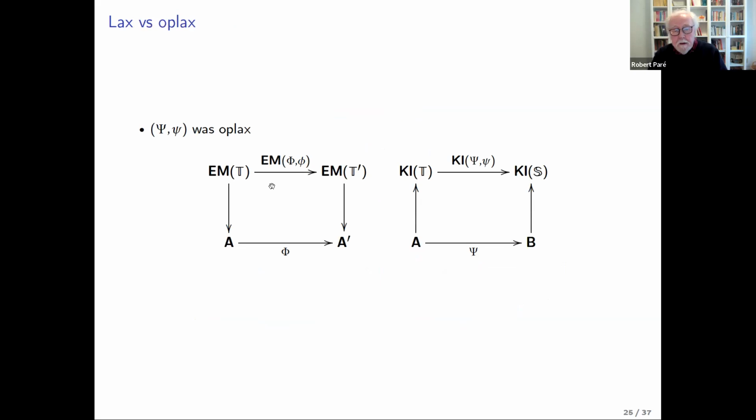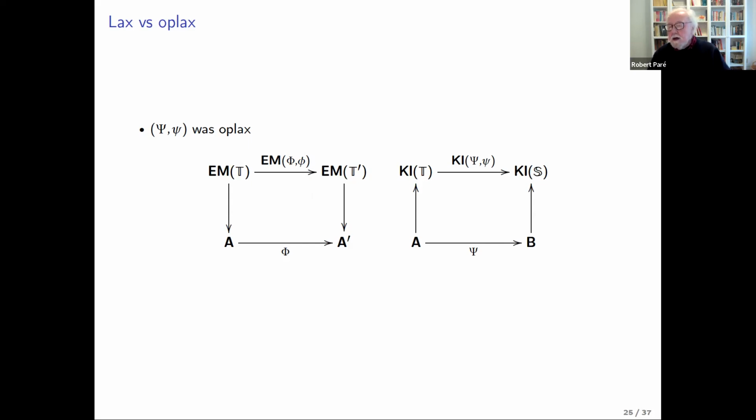Now the lax ones are good for Eilenberg-Moore. So a lax functor, that's the phi that I defined before, corresponds to liftings of the functor phi to the Eilenberg-Moore algebras, whereas the oplax ones, the psi, correspond to extensions of the phi to the Kleisli categories. So one works well for Eilenberg-Moore and one works well for Kleisli.